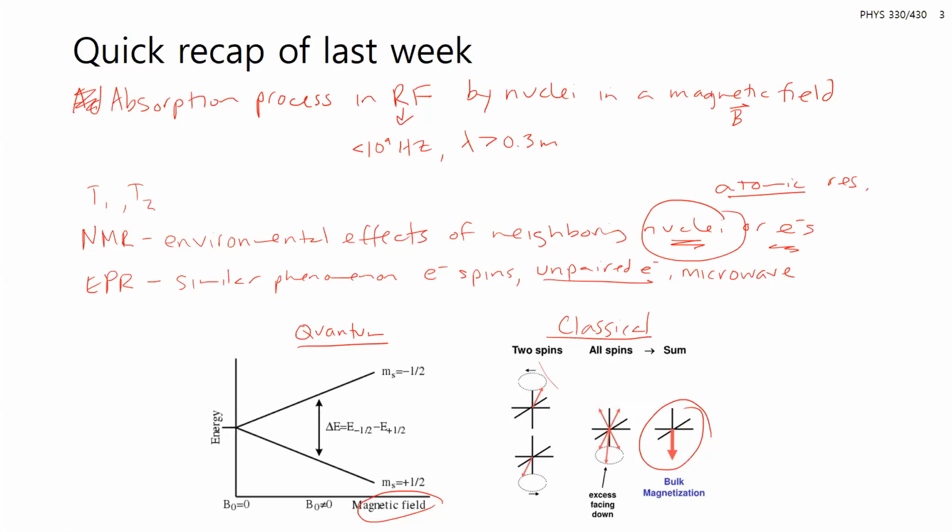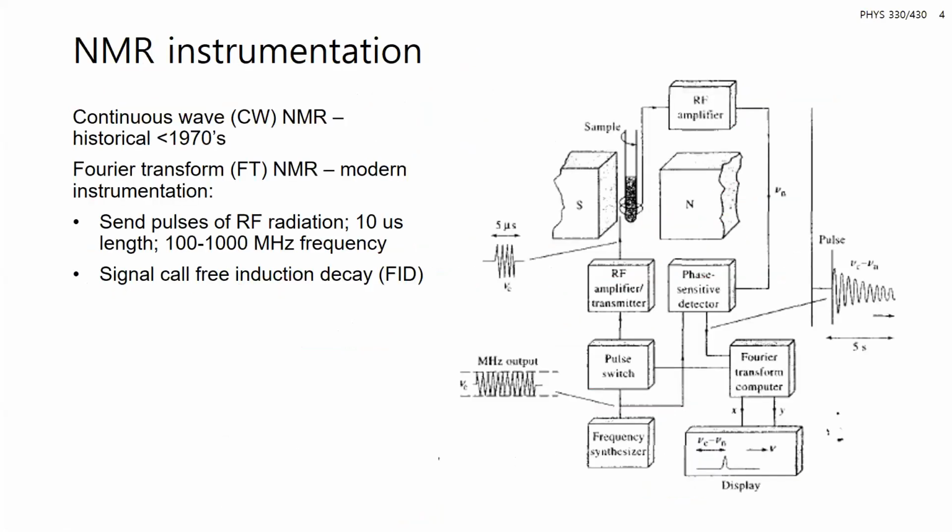So today, getting into instrumentation and applications, I have a block diagram here of an NMR, and we're going to go over this in more detail, but I want to mention that at least this block diagram here is showing Fourier transform NMR.